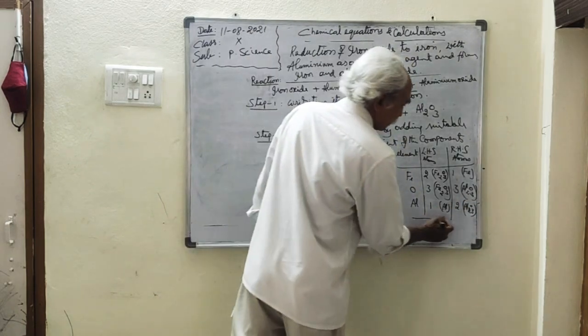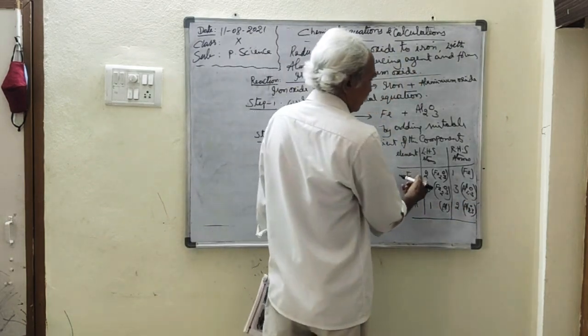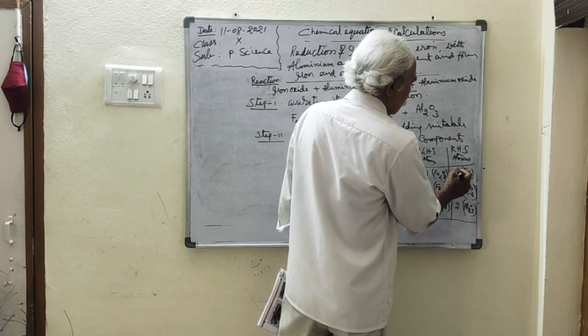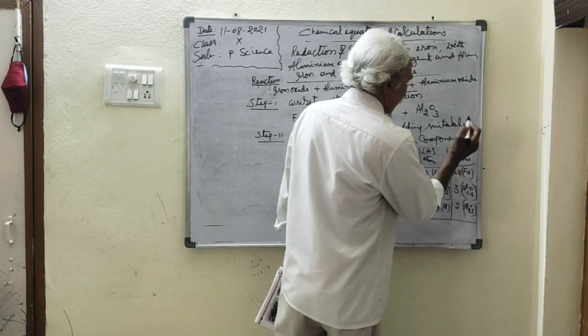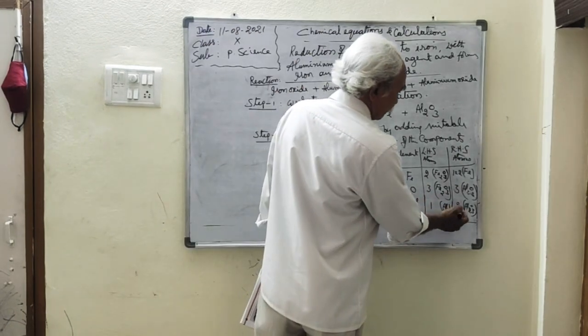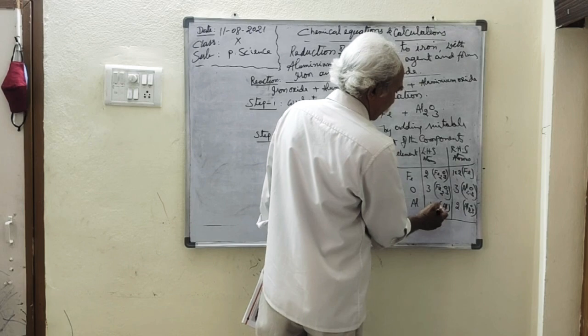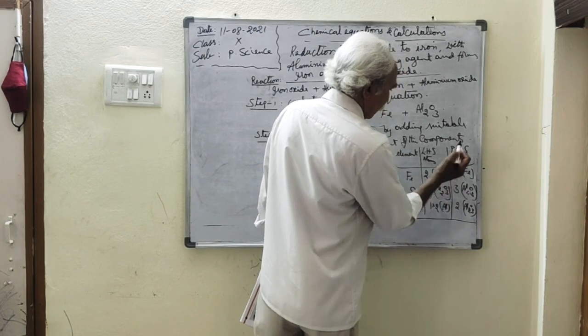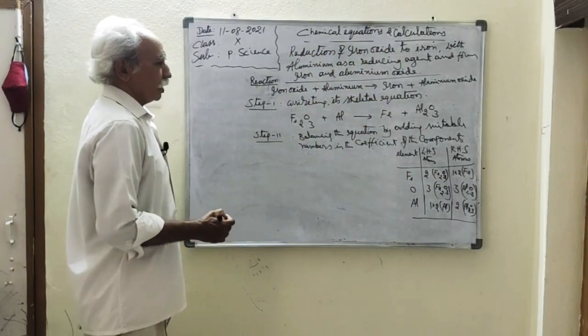So in this equation, iron is there. Iron should add 2 coefficient number Fe, and aluminium, here is 2, here is 1. Add 2 coefficient number in the Al. So rewrite the equation.